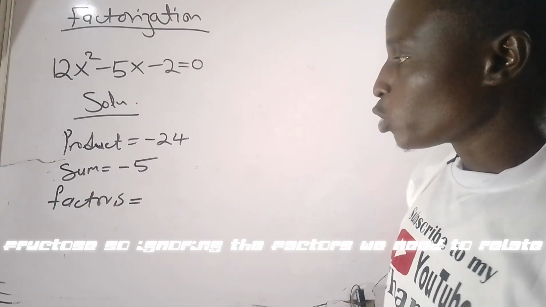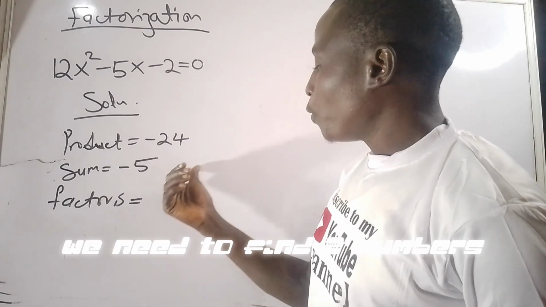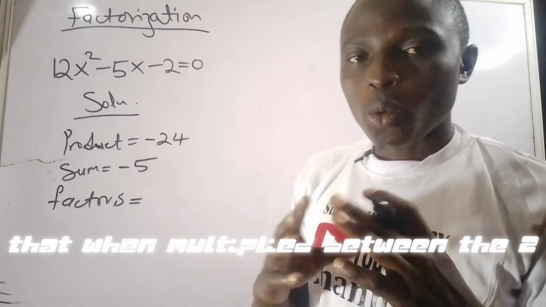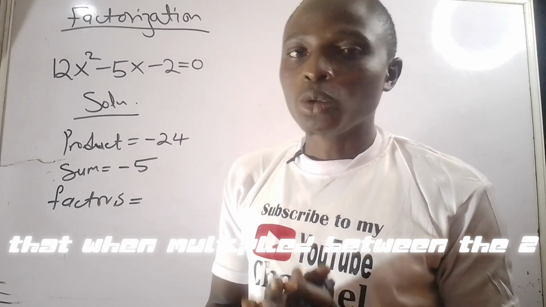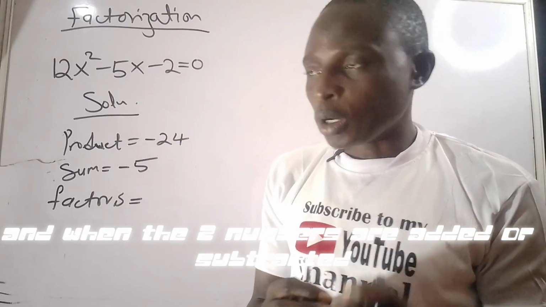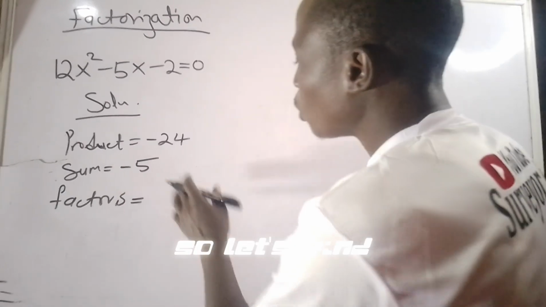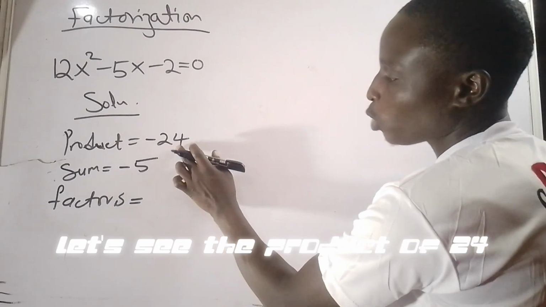And we need to know the factors. In knowing the factors, we need to relate these two. We need to find two numbers that when multiplied, the result will be 24, and when the two numbers are added or subtracted, the result will be negative 5. So let's see the products of 24.